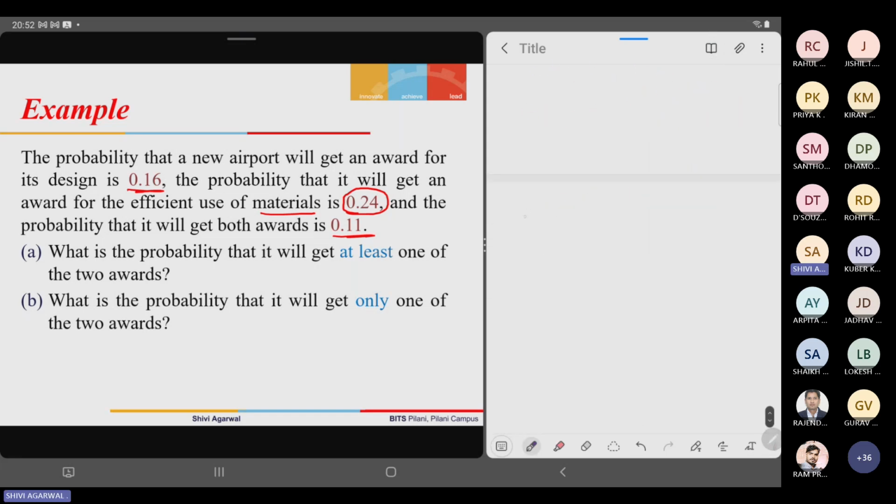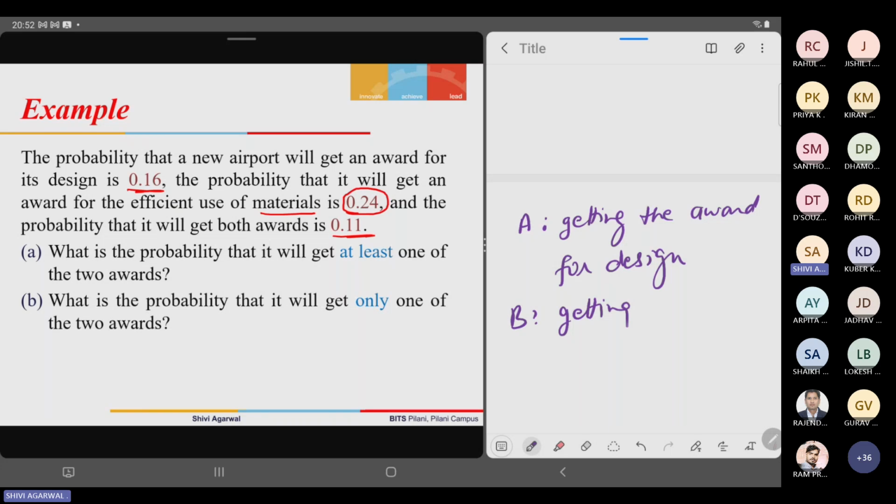Now we are just defining the events. A is the event of getting the award for design. B is the event of getting the award for efficient use of the material.